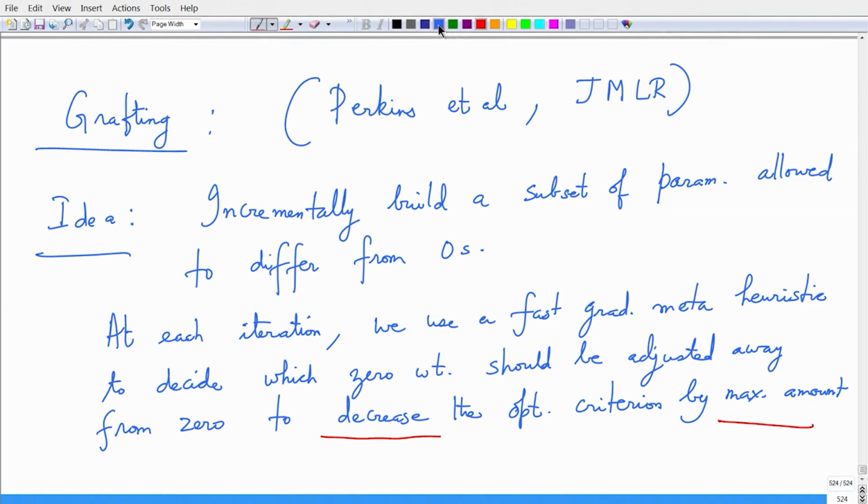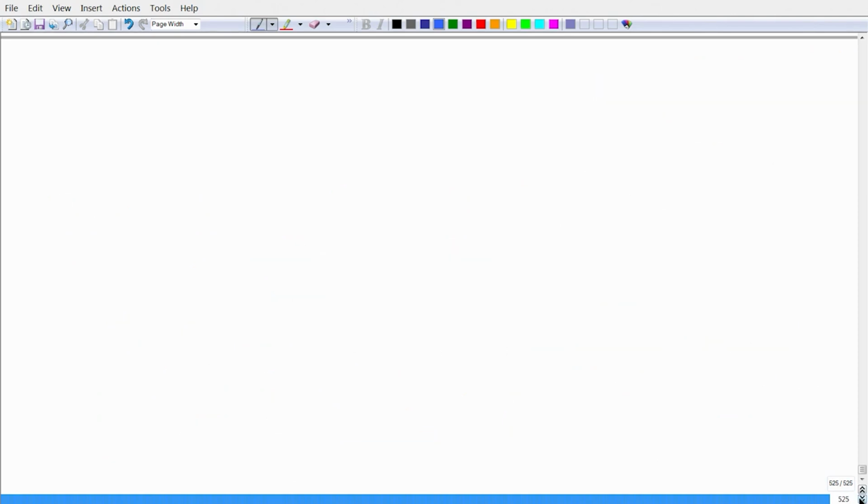So basically from the 0 set we want to put the variables to the free set, and how we choose is based on a heuristic. So let us set this up and see what it is.